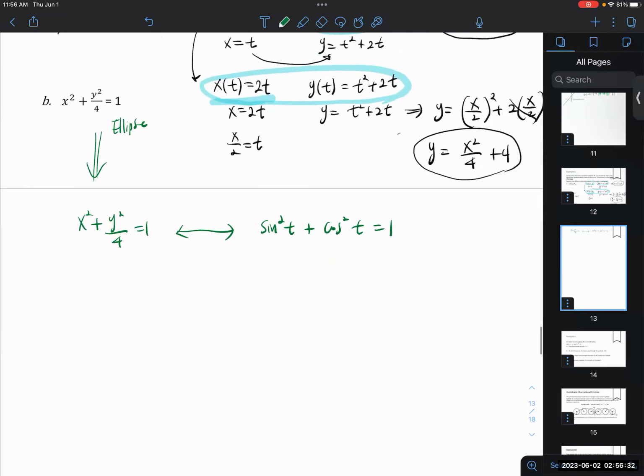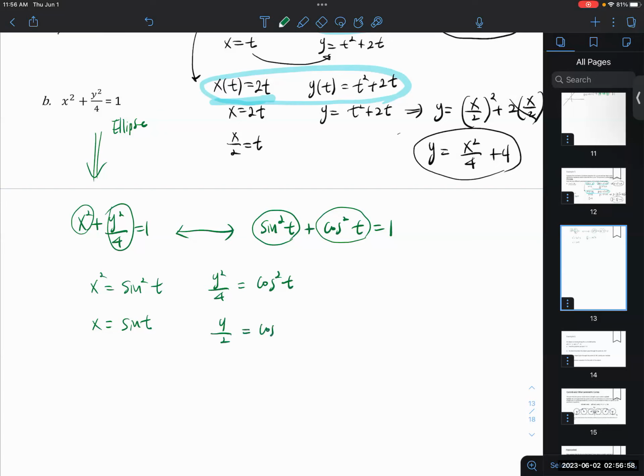So what does it mean? x squared should be the same as sine squared t, and y squared over 4 is the same as cosine squared t. So x squared is the same as sine squared t, which means x equal to sine t. y squared over 4 equal to cosine squared t, that means y over 2 is the same as cosine t, correct?